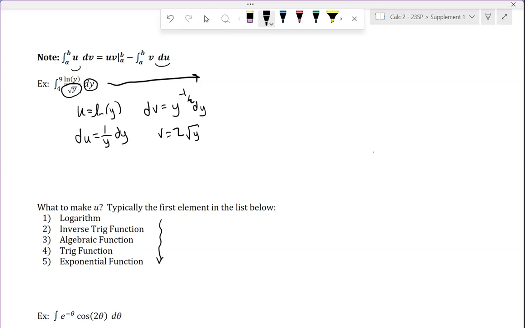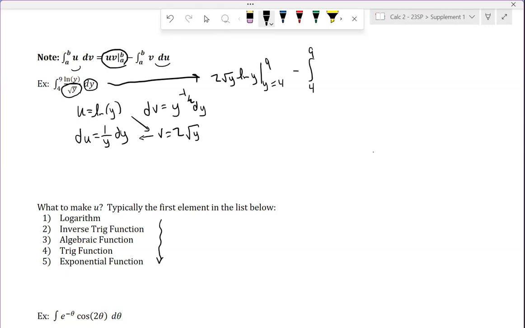And what does this give me? This gives me uv, 2 root y log y, and I just evaluate that from y equals 4 to 9, minus the integral from 4 to 9 of v du.